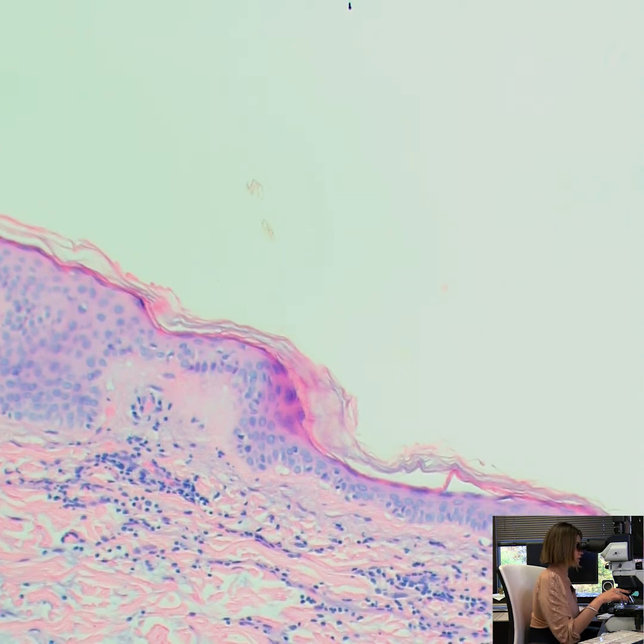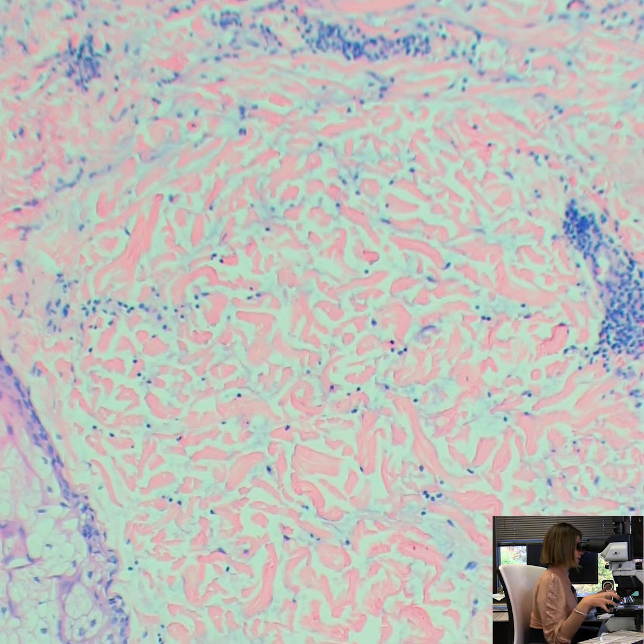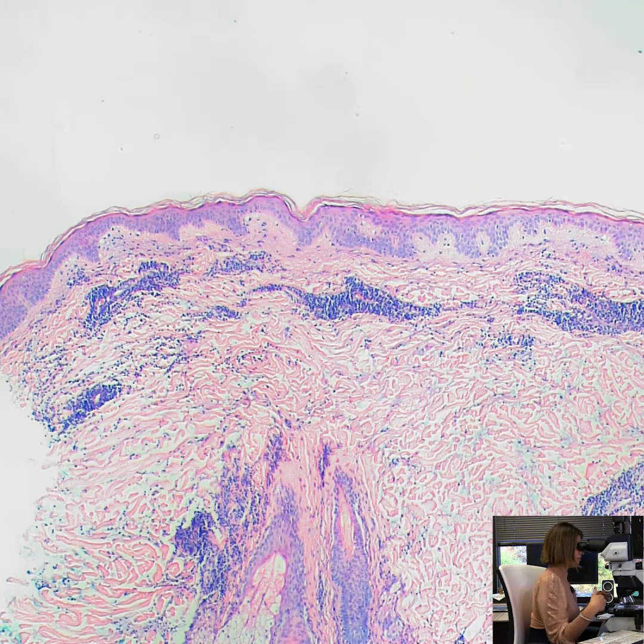If you see chronic interface change in the overlying epidermis, then you would rather put it in the category of more classic lupus rather than the Tumid variant of lupus erythematosus. And the DIF findings in most cases of Tumid lupus are non-specific and non-diagnostic, so you shouldn't rely on DIF for making this diagnosis. It's more of a histologic diagnosis with this dense superficial and deep perivascular, perifollicular infiltrate and interstitial mucin.